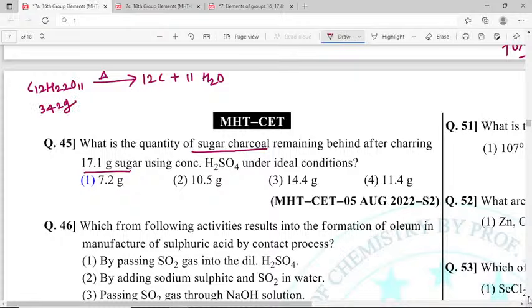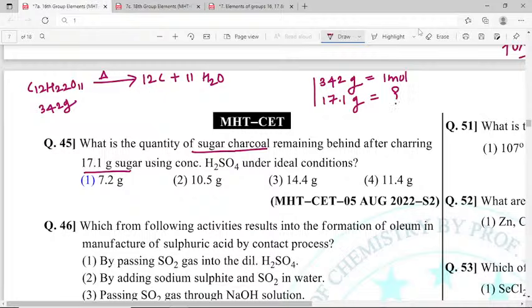342 gram is equal to 1 mole, the molar mass. So 17.1 gram is equal to how much mole?